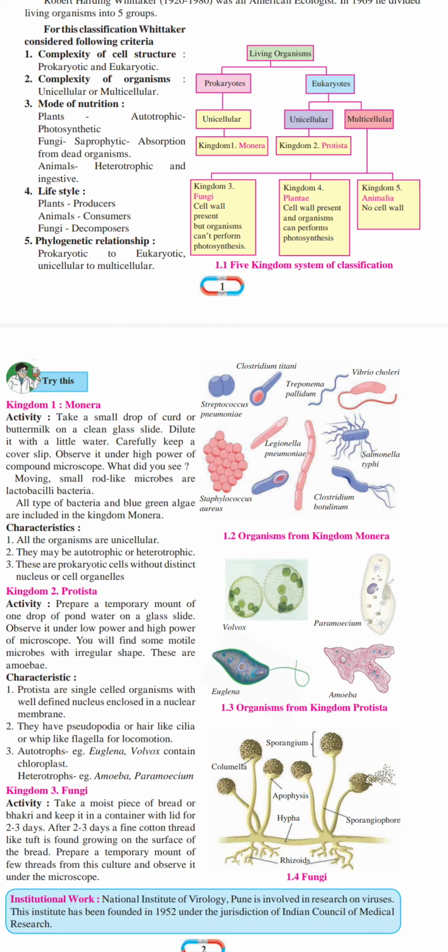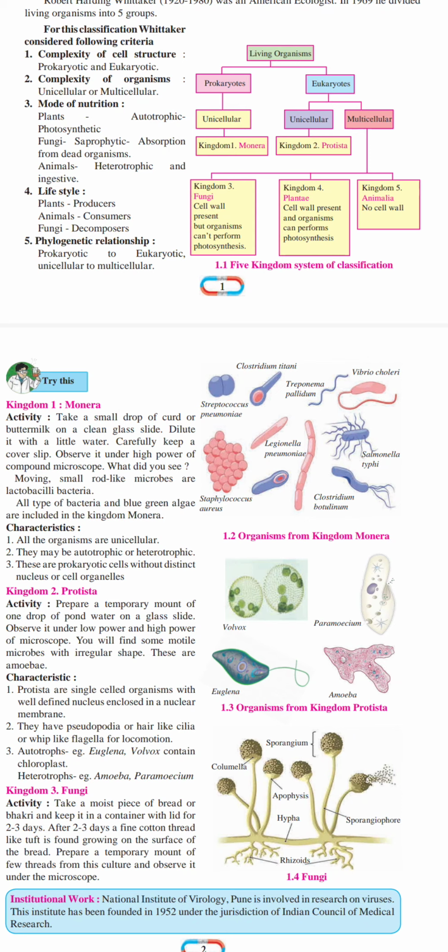Now the characteristics: they are telling that all types of bacteria and blue-green algae are included in the Monera. Different types of bacteria are present. And the blue-green algae you know very well, the algae we talk about in our surroundings, especially where there is a little water; you can easily see it on the wall also. So this is the category of the Monera. If you look at a glass slide, you will come to know these kinds of organisms. Now the characteristics: organisms in the Monera are unicellular, a single cell.